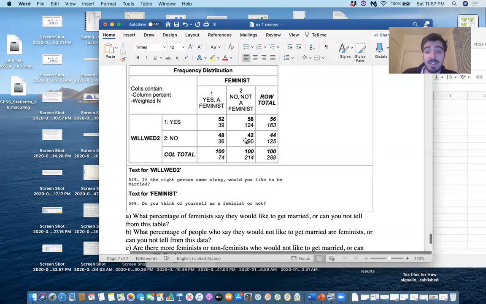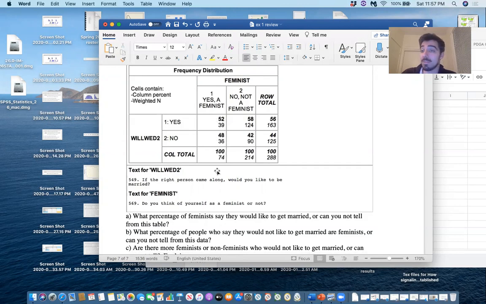So definitely not row percentages. Columns, though, add up. You could also just look and see we have 100 here, 100 here. Looks like we're going to have column percentages, which means that when we draw our pie charts corresponding to this two-way table, these column headings, yes, feminist, no, not a feminist, are going to represent our pies.